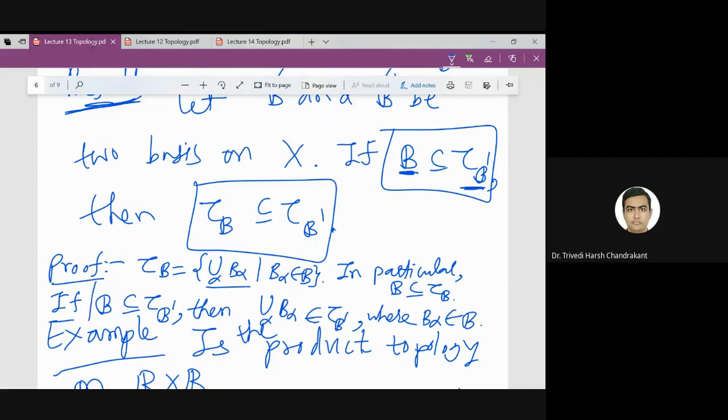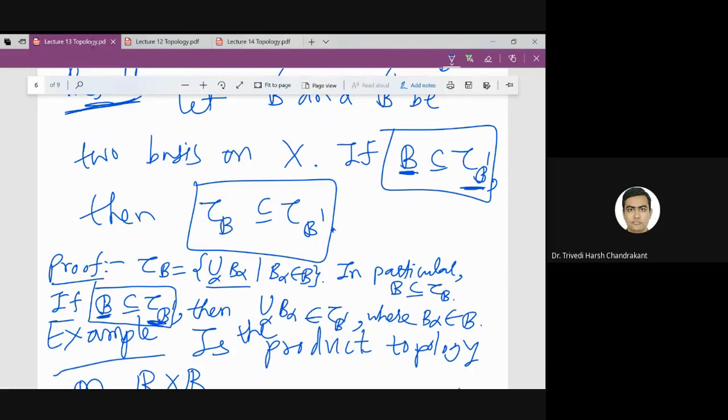If I have a basis, a collection of elements, what is B? B is the collection of subsets of X that satisfy these two properties of a basis. On the other hand, I have tau B dash, which is a topology. What is the meaning of topology? It contains phi, it contains X, it is closed under arbitrary union, and it is closed under finite intersection.